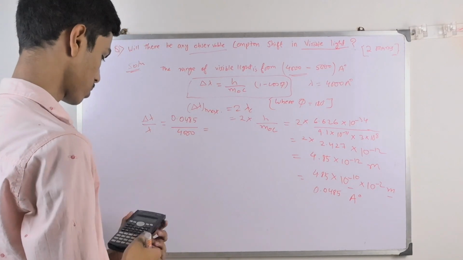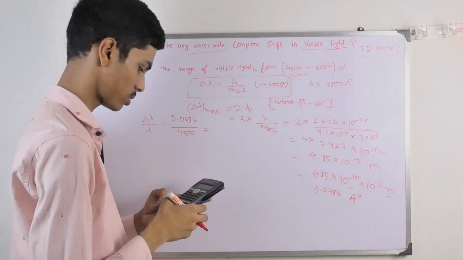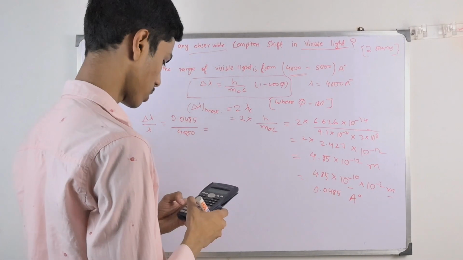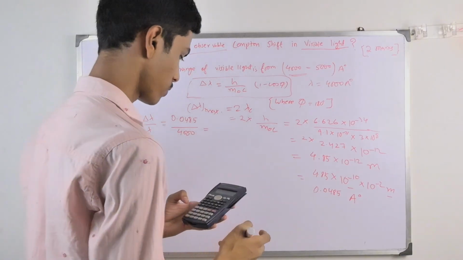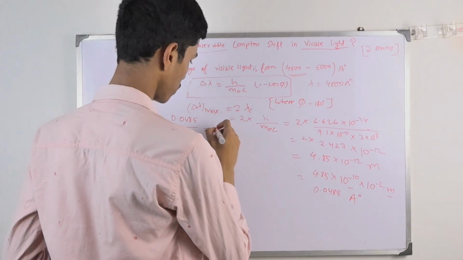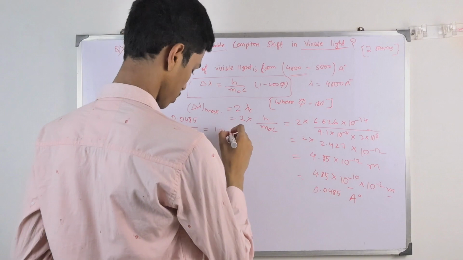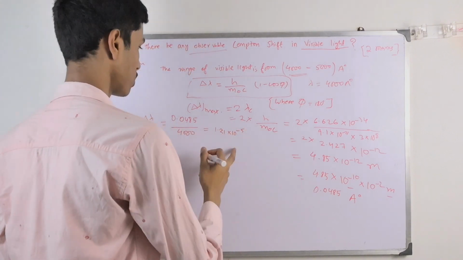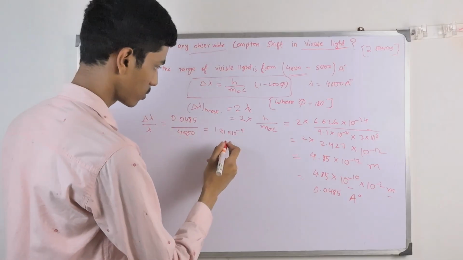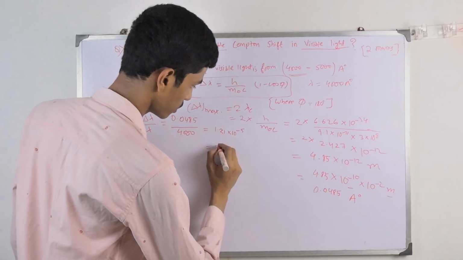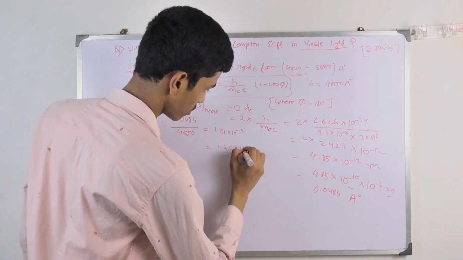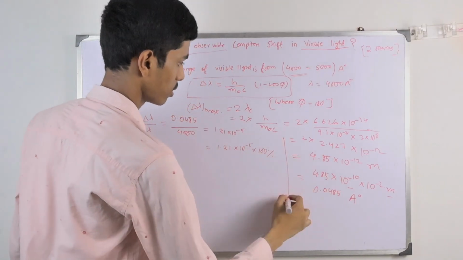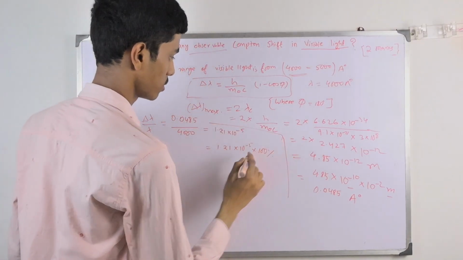Let us divide these together: 485 divided by 4000, we will get 1.21 into 10 to the power minus 5. This is not in percentage. To calculate its percentage, multiply this by 100. Now it will be in terms of percentage.